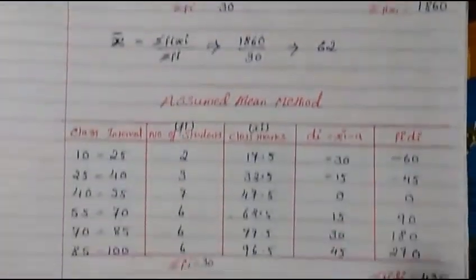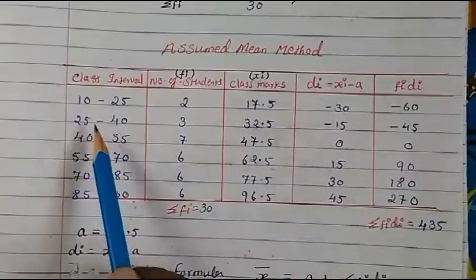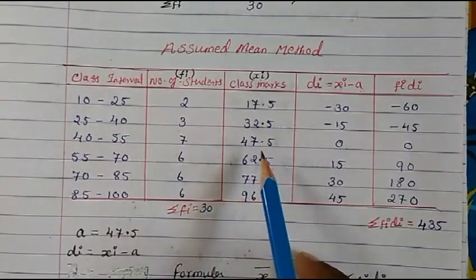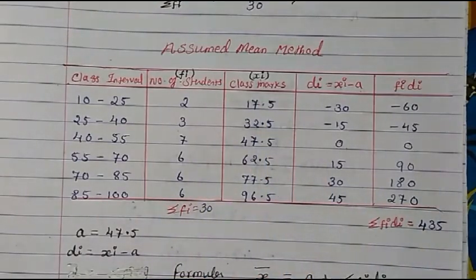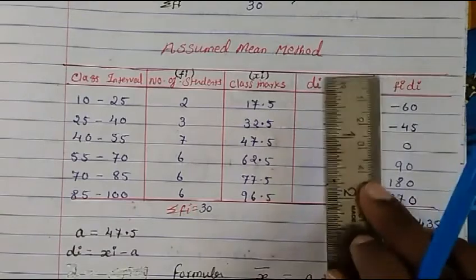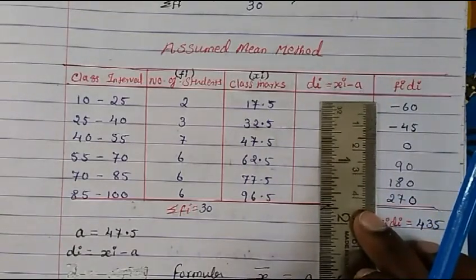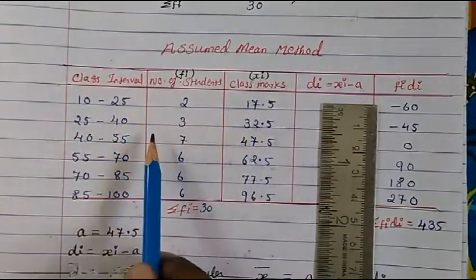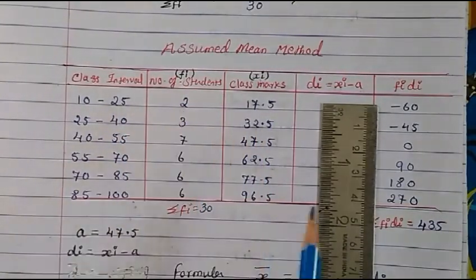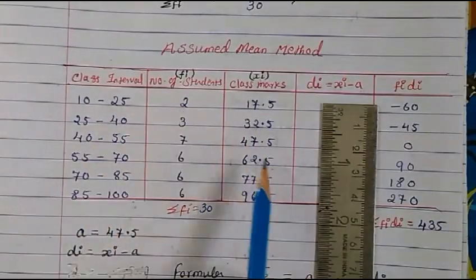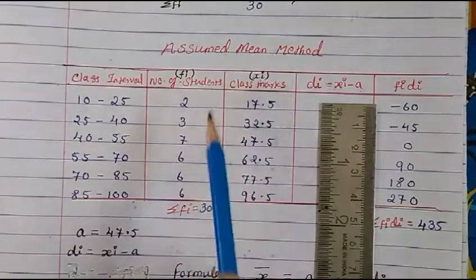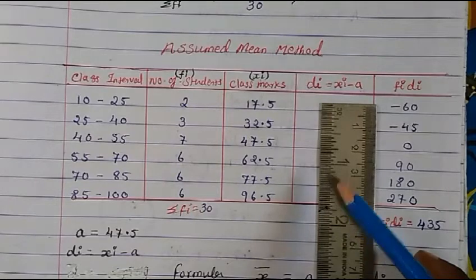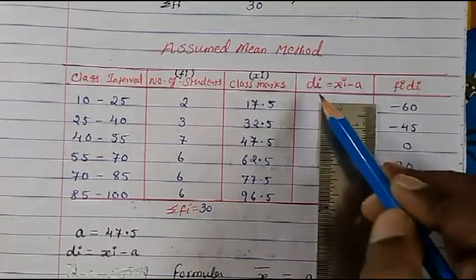I have copied the same thing here: class interval, then fi, then xi, up to here. Don't look at this side, I'll explain that. Up to all this, the columns are compulsory. What we did for the direct method is written down here. In the assumed mean method, we have to make one more column, that is di.